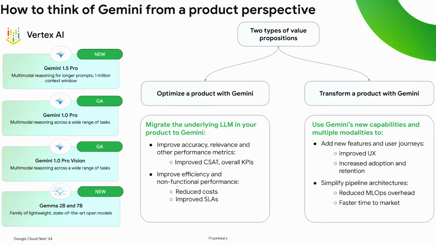Now, there's a more interesting way of looking at this. There are some scenarios where Gemini's multimodal capabilities, and Gemini 1.5 Pro's 1 million token long context, actually allow you to fully transform, to completely rethink how you are approaching the solution from the start. For example, we have a lot of customers who are now feeding video directly into Gemini and summarizing the video directly, and that is providing a lot of use cases.